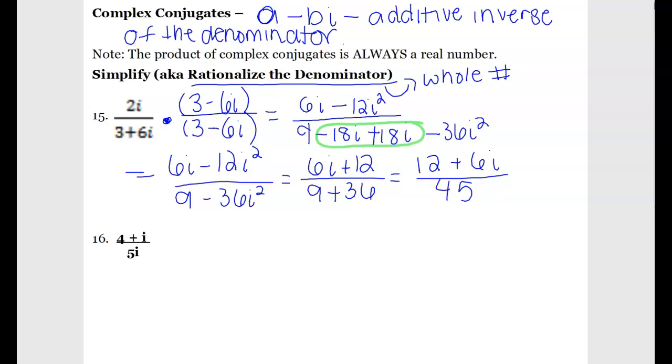So the simplest form would be 12 divided by 3, which is 4, 6 divided by 3, which is 2, and 45 divided by 3, which is 15. You also can't cancel the 12 and the 36 here to be 1/3. You can only take away from every term, not in individual terms.